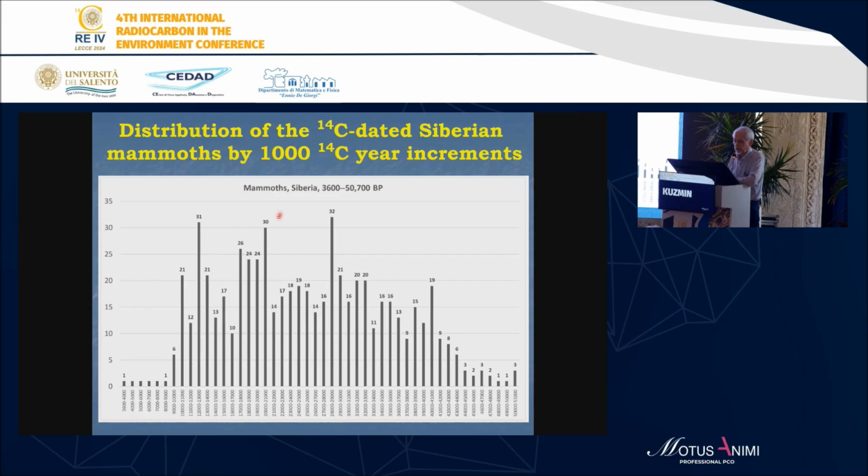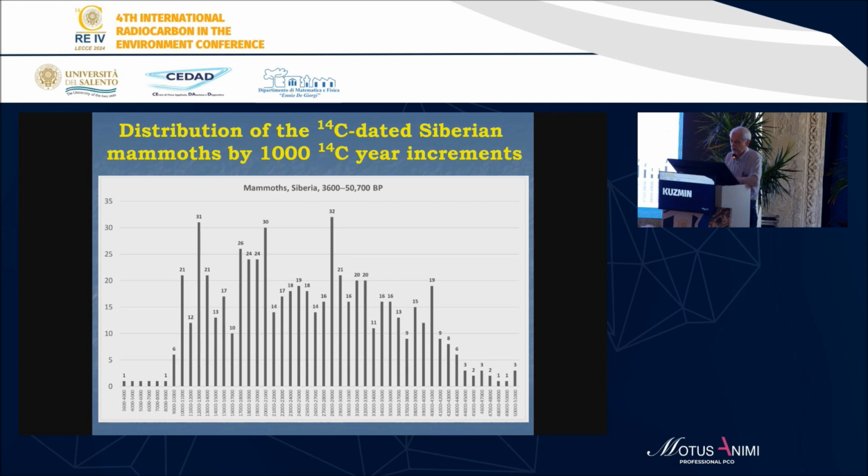Here it is. So a very high number and then it decreased very quickly. Before that it fluctuates and doesn't stay stable, but the small number in the beginning is just because we have fewer older samples, not because there were fewer mammoths, just a degree of study.